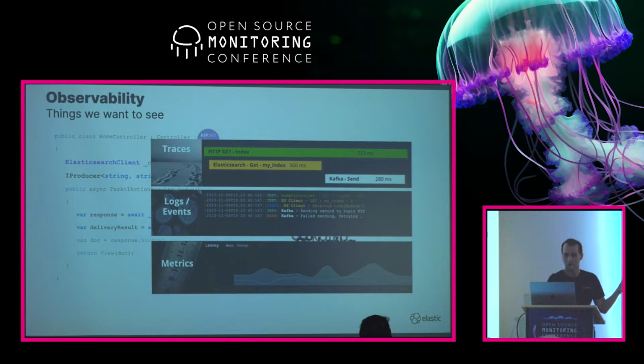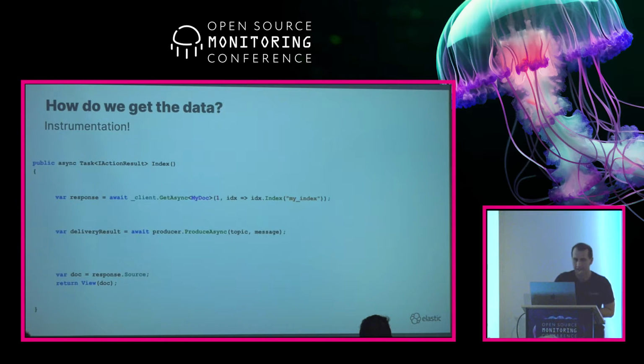Plus, we want to see all the logs from all these frameworks and libraries. If there is a warning, we want to see that, and obviously we want metrics, like the latency of my application. Now, how can you achieve this? What ways do we have to achieve something like this? Well, it's instrumentation.